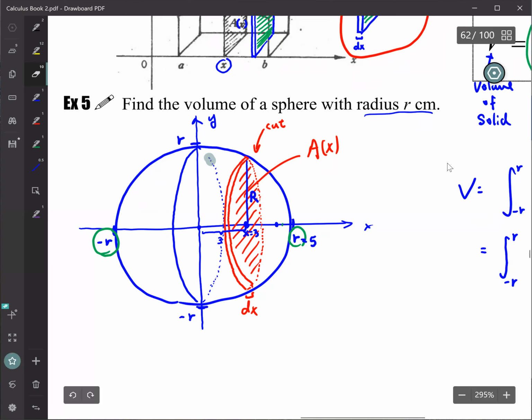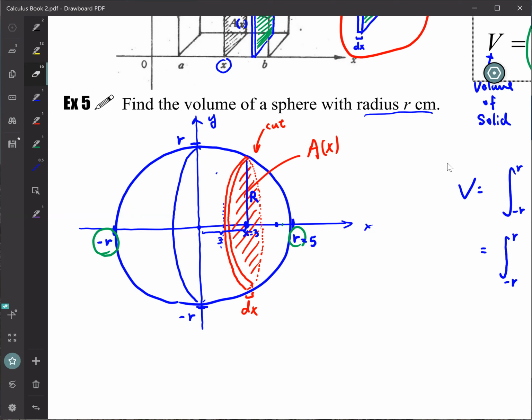I'll erase the blue dot. Jason, I have a question. Yes, what's the question? Is the X the R? The X is the location where the red circle is cutting through the x-axis. So it's not the radius. When x equals 3, you get the red circle.